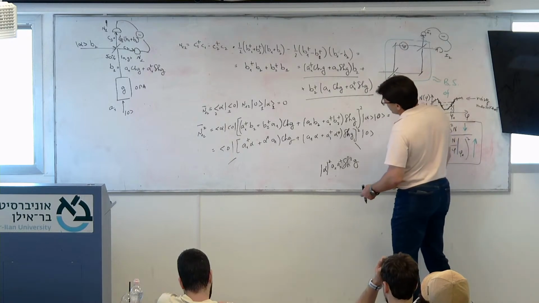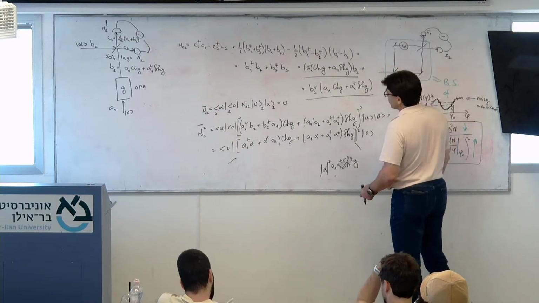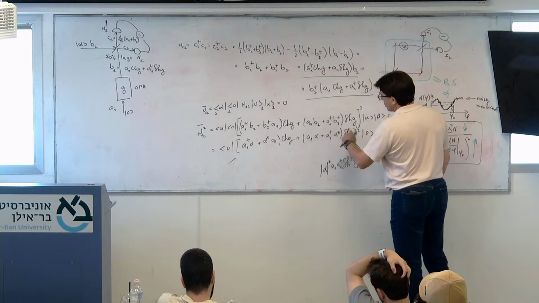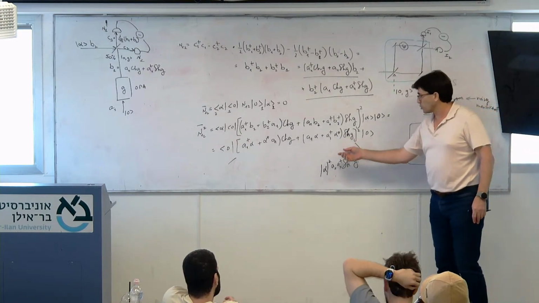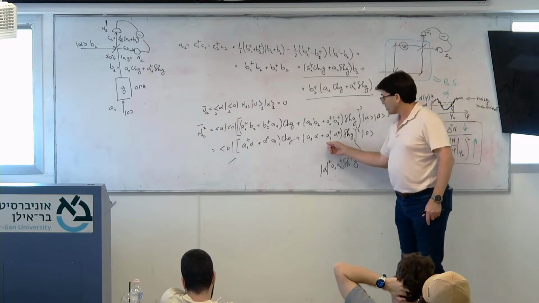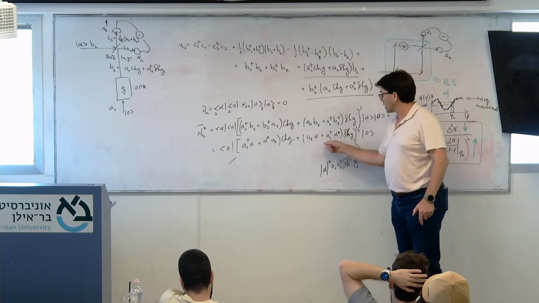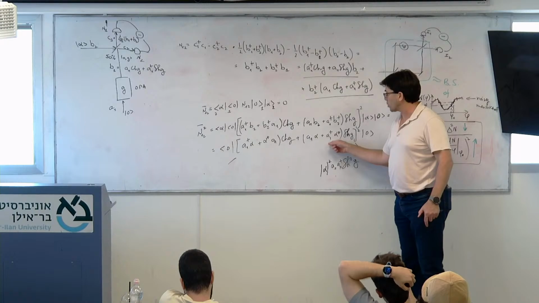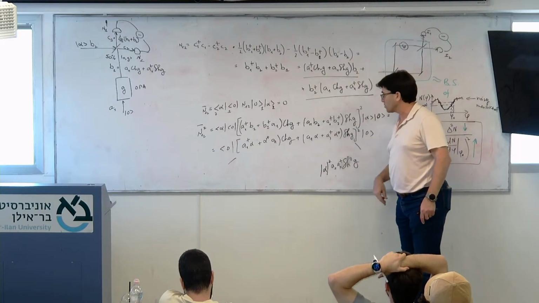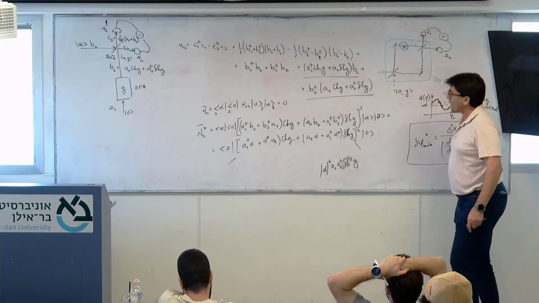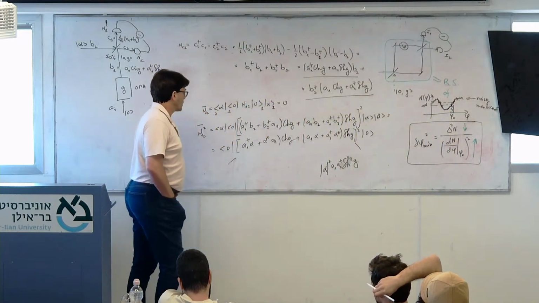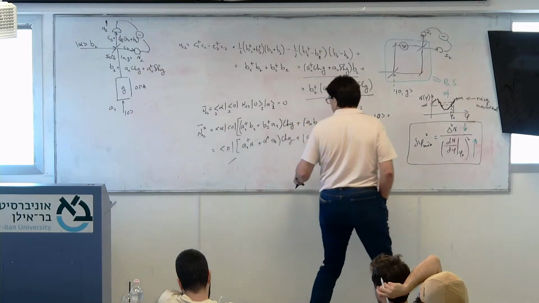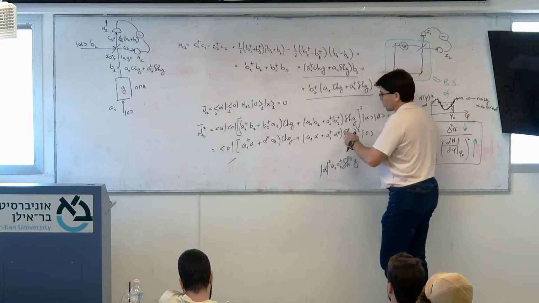Does it appear twice? No, because the other one is in the opposite order, and they don't commute. So yeah, we have here A1 dagger. This is the only one that is important because A1 dagger A1 falls out. Well, out of here, there's going to be also a mixed term.